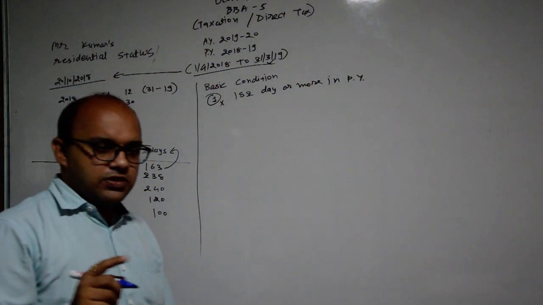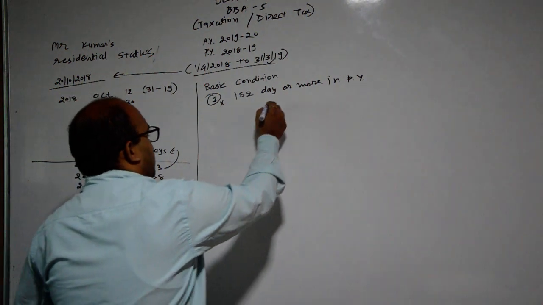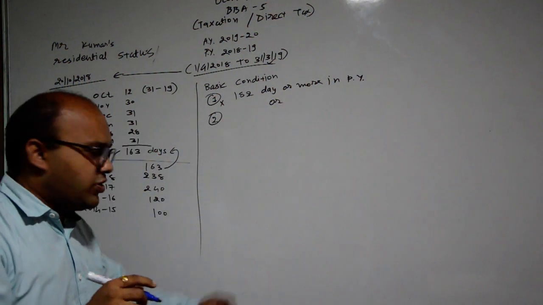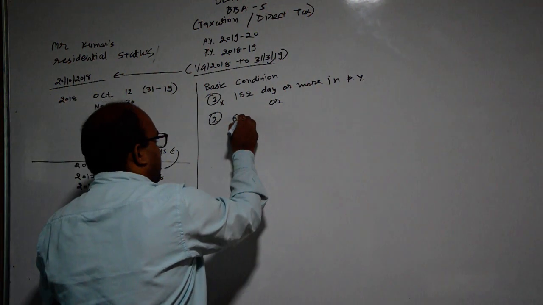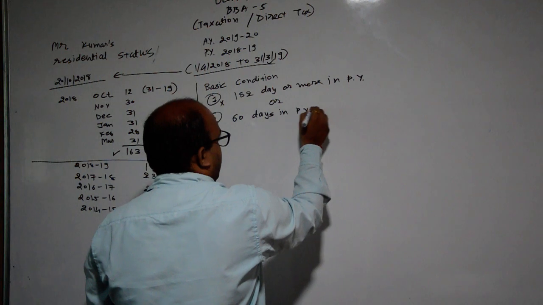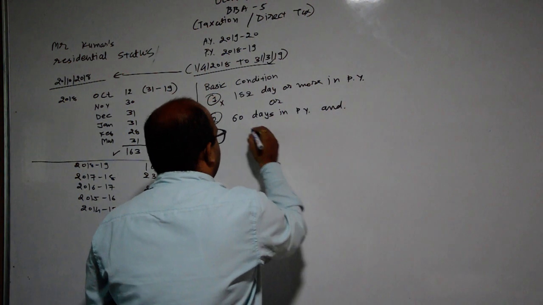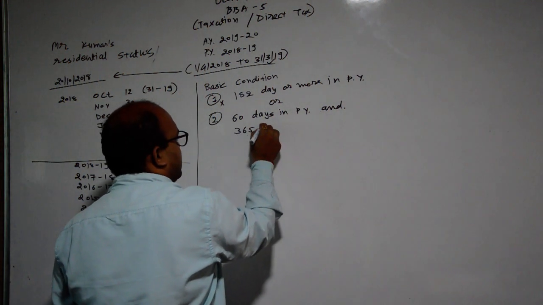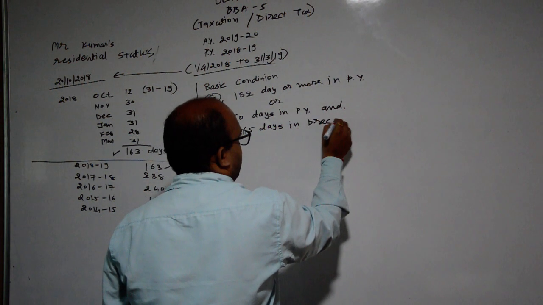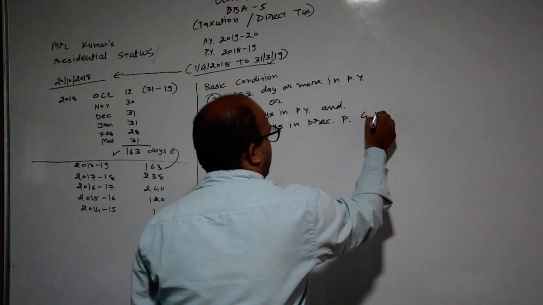So we have to apply the second basic condition. What was the second basic condition? 60 days in the previous year and 365 days in the preceding previous 4 years.